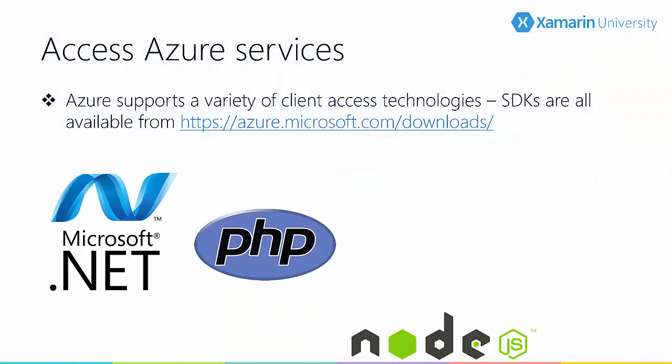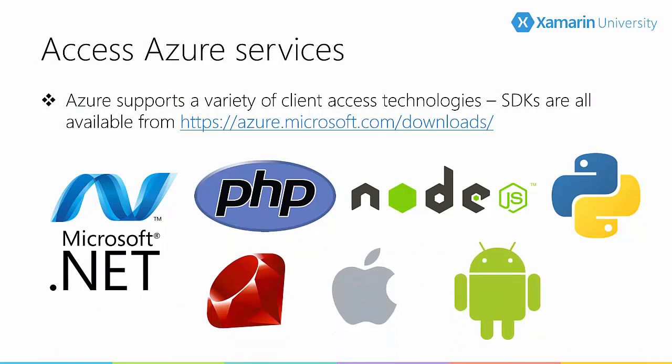From the client perspective, Microsoft provides SDKs to be able to get to pretty much every conceivable client that you'd want to use the service from. For example, we can use .NET, C# or VB.NET or any other .NET language to be able to hit Azure. We can use common web technologies such as Node.js, PHP, and Ruby. Or we can even use native SDKs that sit on top of iOS and Android so that I can use Objective-C, Swift, or Java.